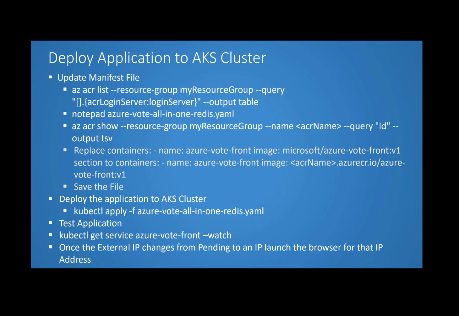Then we'll push the application into the Azure Kubernetes Service cluster. That's very straightforward, and we'll test the application. We'll see that the public IP address is assigned, basically to the Azure load balancer, and then we'll test the application. Perfect. All right, with that, let's just get into it.